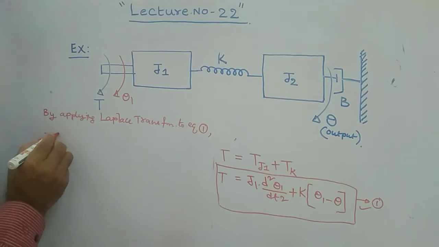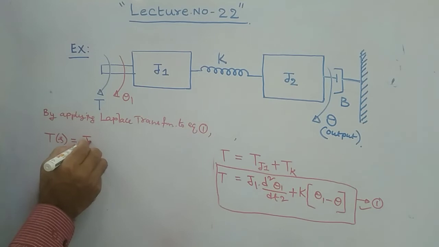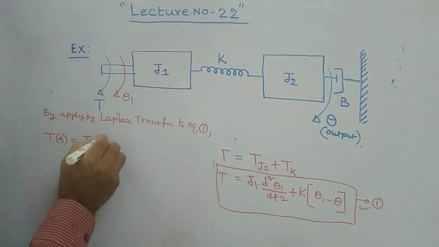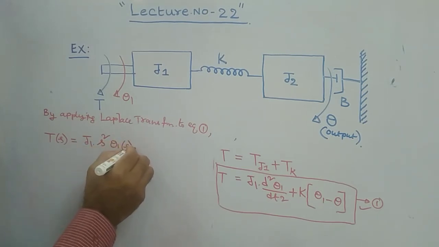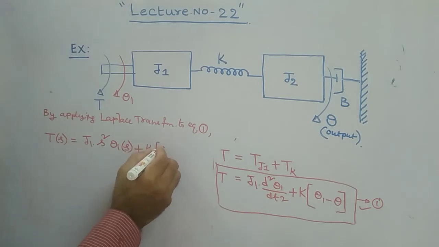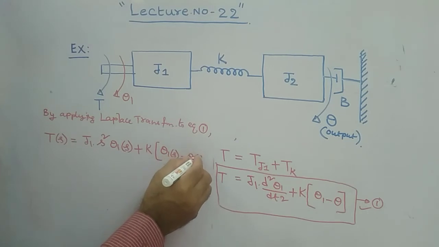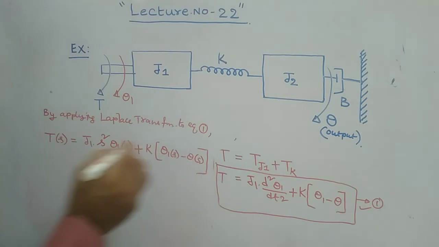It becomes T of S is equal to J1, whose second derivative comes as S square into theta 1 of S, plus K into theta 1 of S minus theta of S. It is just converted into S form.